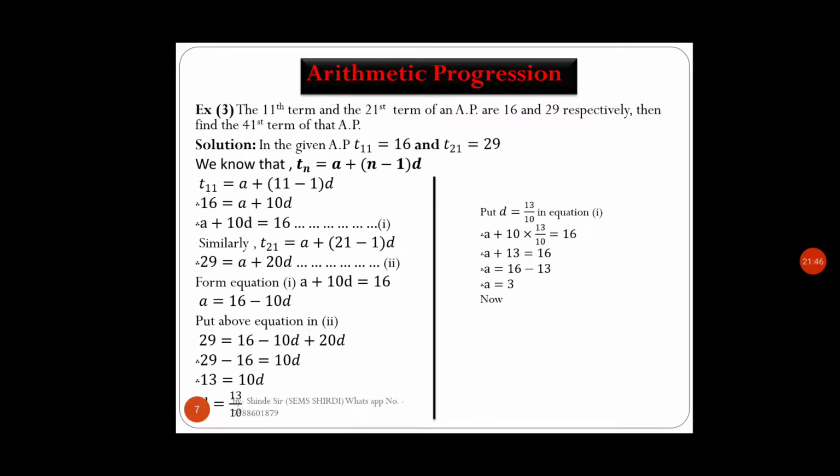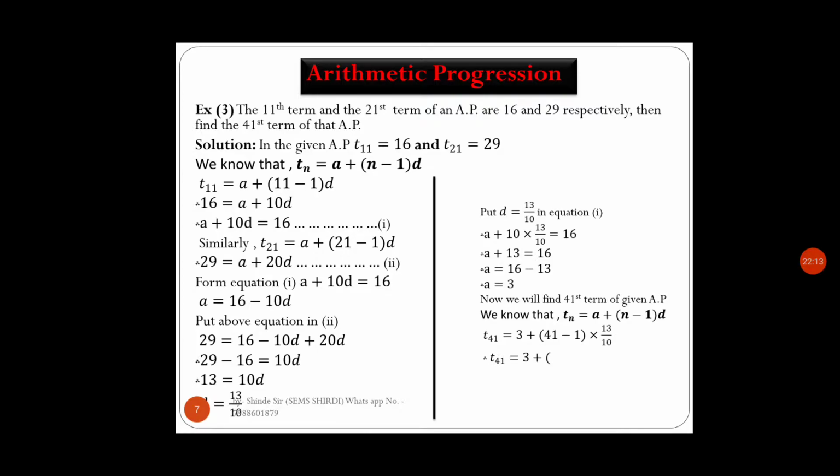Now we find the 41st term of the given AP. How to find it? We know that Tn is equal to a plus (n minus 1) into d. Here T41 is equal to 3 plus (41 minus 1) into 13 upon 10.